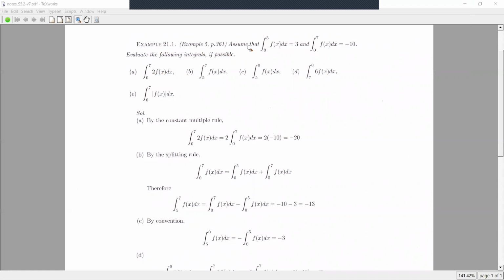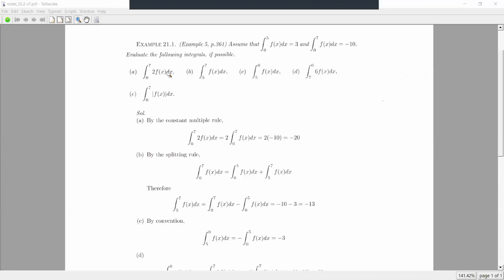Example 1. Assume that the integral from 0 to 5 of the function f is 3, and the integral from 0 to 7 of the same function is -10. Now, the question is to evaluate the following integrals if possible.